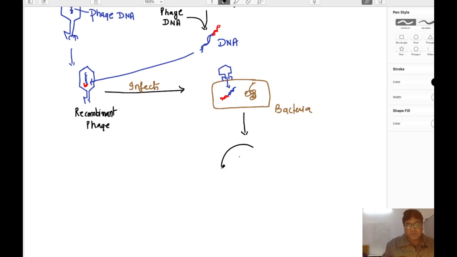So this is the agar plate, and it is what we call a bacterial culture.